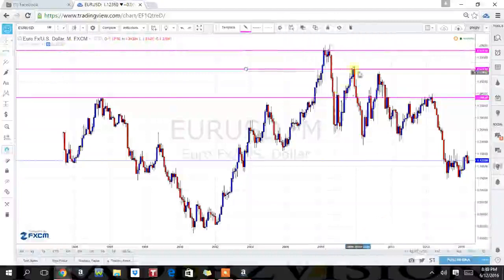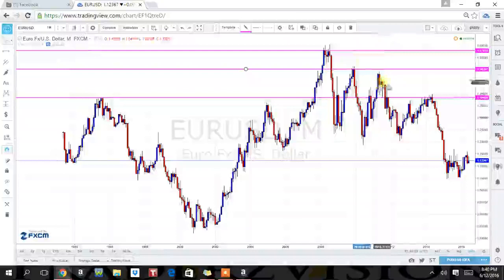If it came, hit it, and dropped for more than half a year, it tried to come up here too. You could say it basically failed up here too, even though it didn't technically touch it, but it came near it, closed below it, and then dropped from there as well. So I'm gonna say this is a strong support resistance area too.